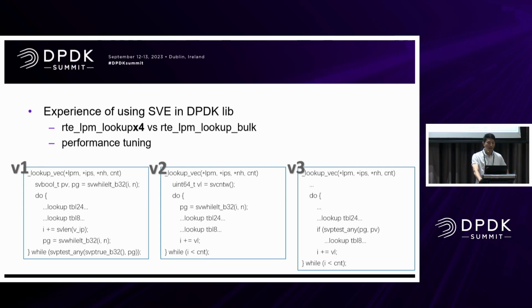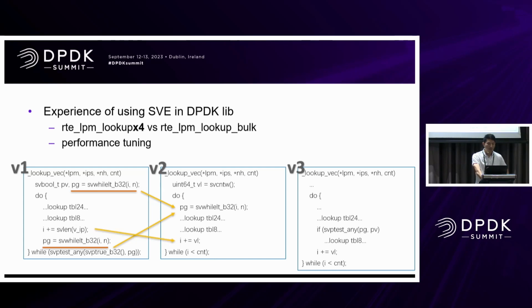So I made some changes to it. First, we can see that outside of the do-while loop and inside it, there are similar updates to the predicate. So we changed it to the next one. We removed one operation on the predicate. So this gives a little higher performance.